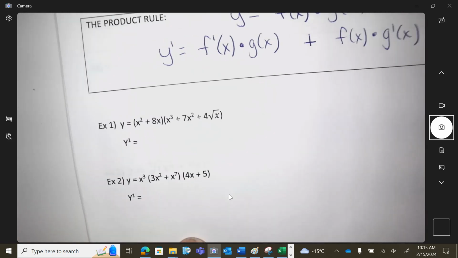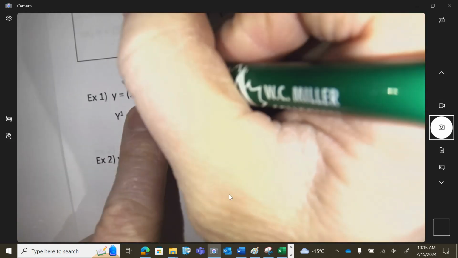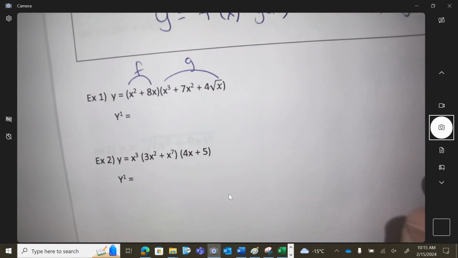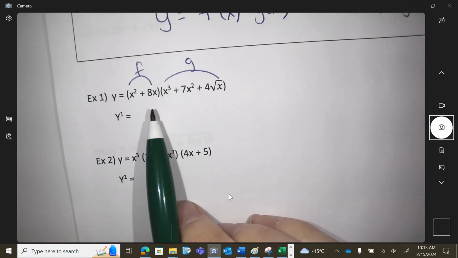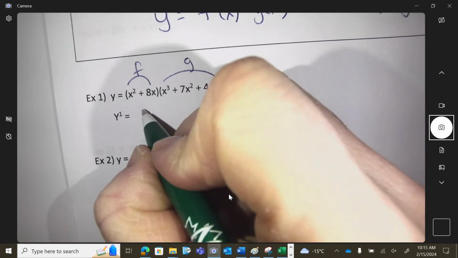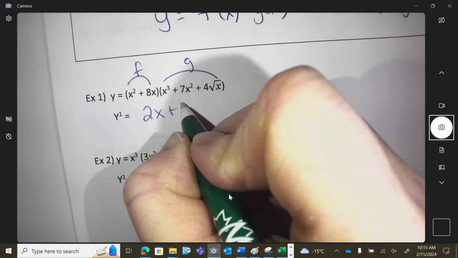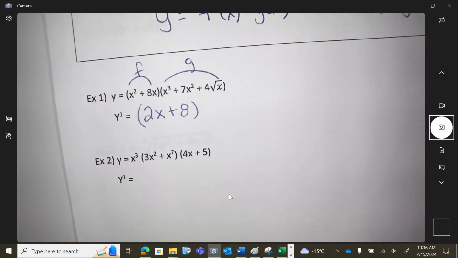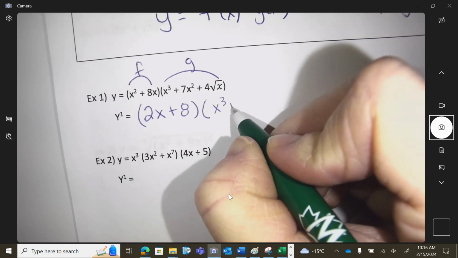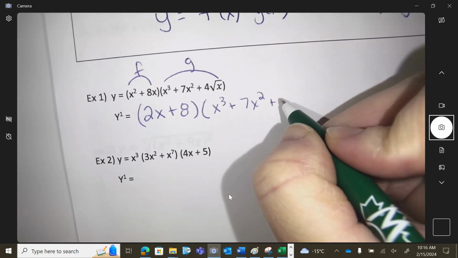So I have two items. This is my first item. This is my second item. Okay, so look at my f bracket. Let's derive it. So 2x plus 8 times the original g.